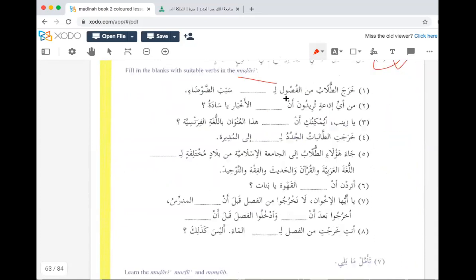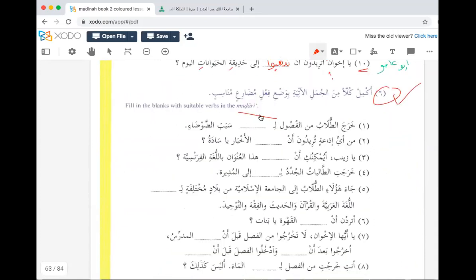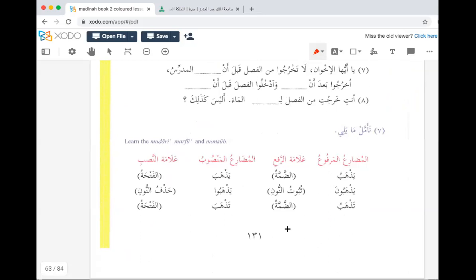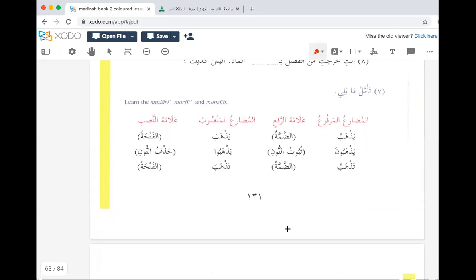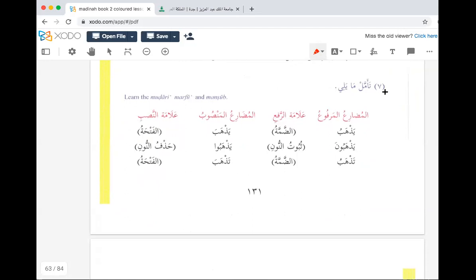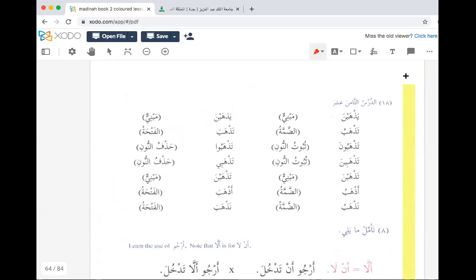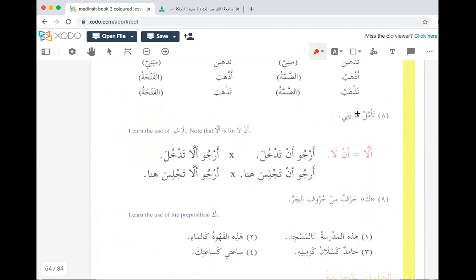But number 6 says, using the most suitable verb, fi'al mudari' munasib. And then التمرين السابع is just to read. This is very important. And to continue there. Also, thamin, to read and pay attention to what's being said.